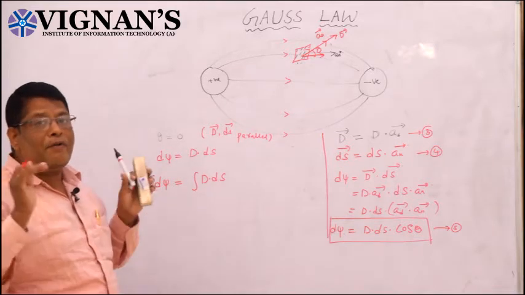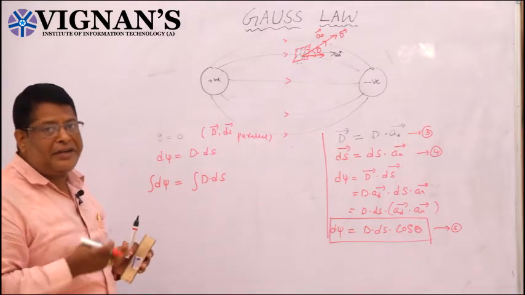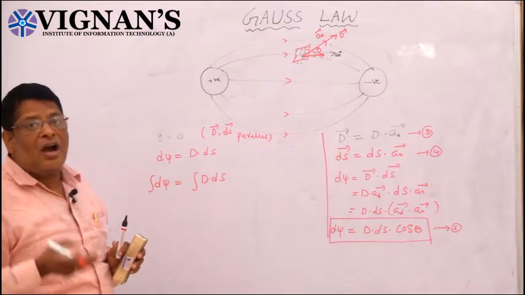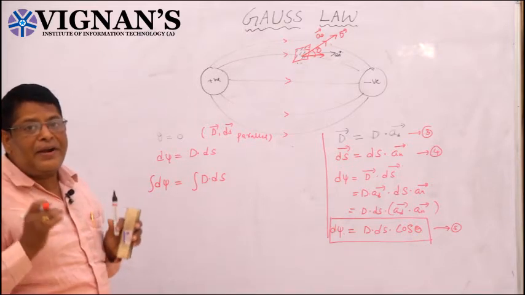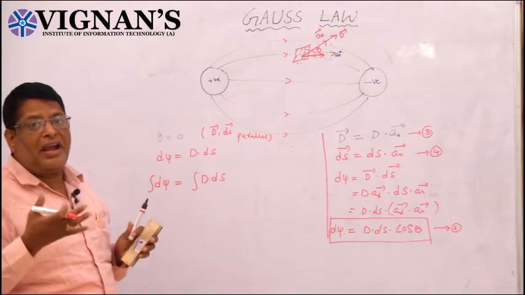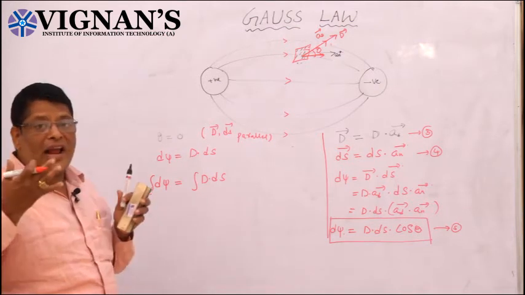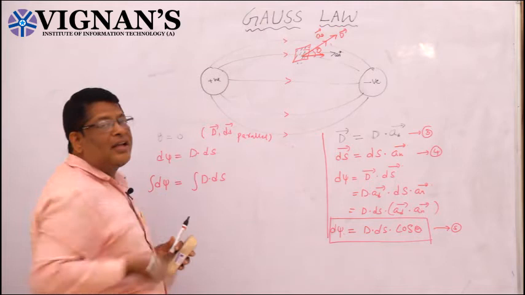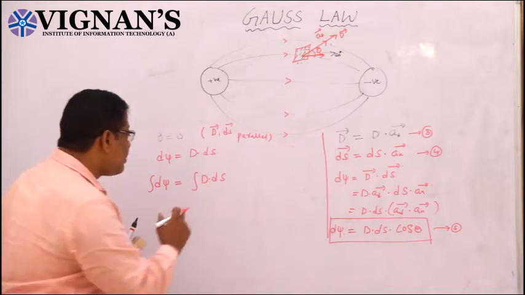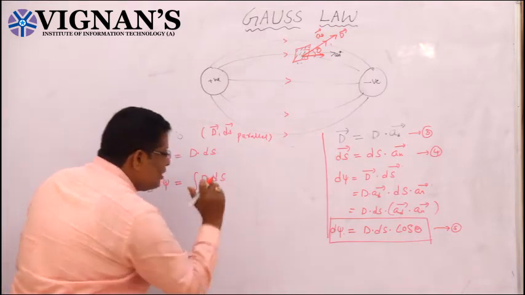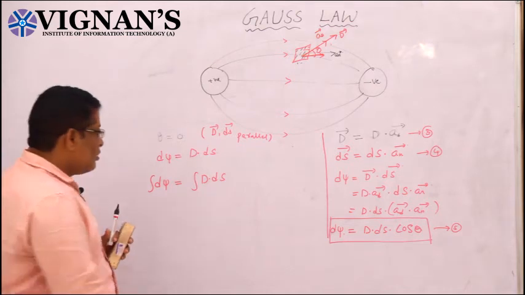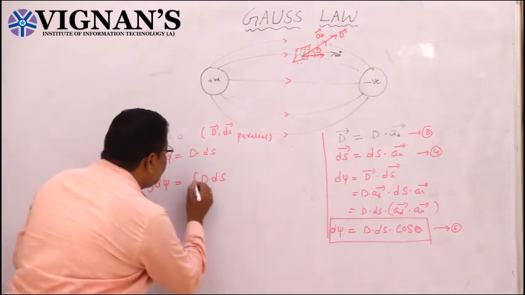But here, what type of integration? Whether line integration, surface integration or volume integration depends upon what is the area, what is the surface or what is the line which we are taking in the system. But here ds is there, and ds is nothing but a surface area.